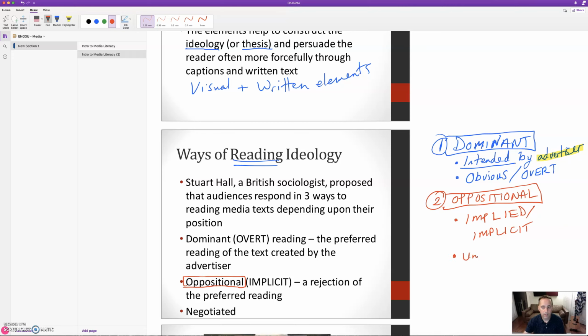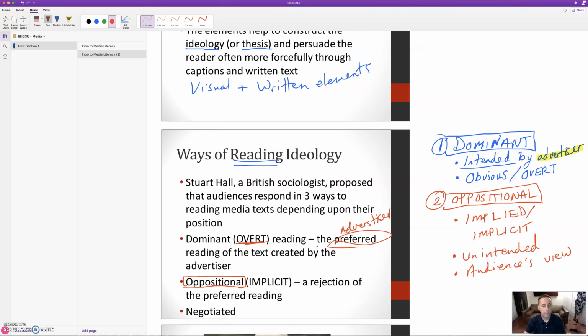And this is unintended by the advertiser. Okay, so this is the audience's view. So the overt or dominant, that's preferred by the advertiser. That's what they want you to see and think.